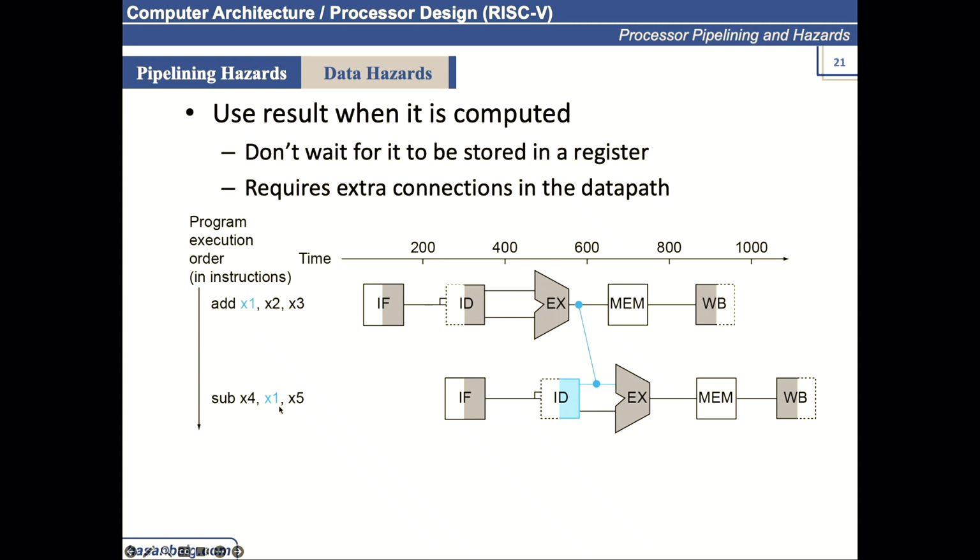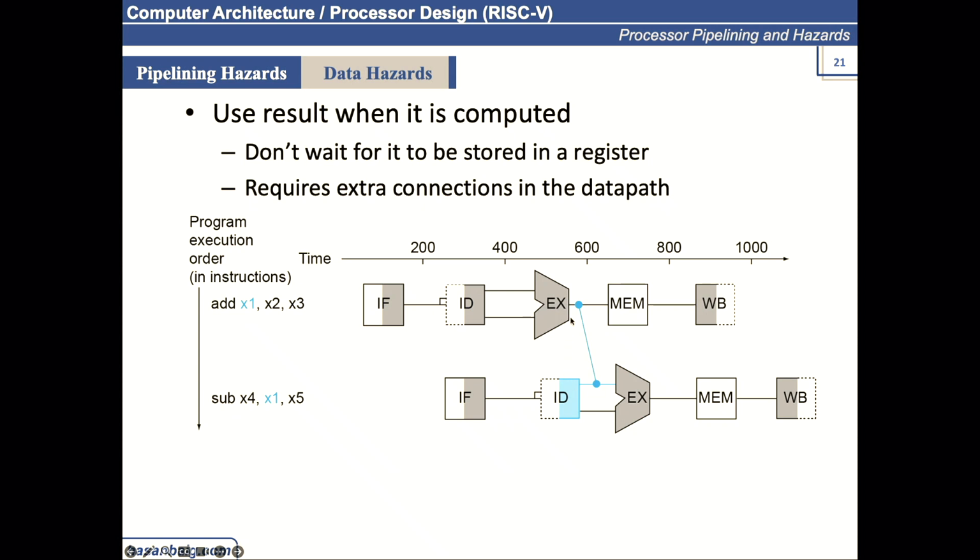Based on this condition, it will determine whether to read the data from the register or from this, maybe I can use the term wire. In reality we have one single processor, right? So the data being generated after the ALU should loop back and come back here.